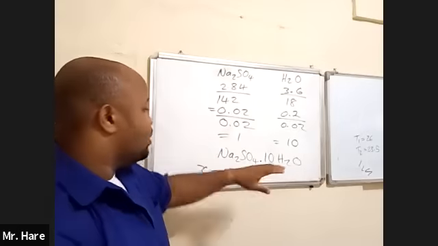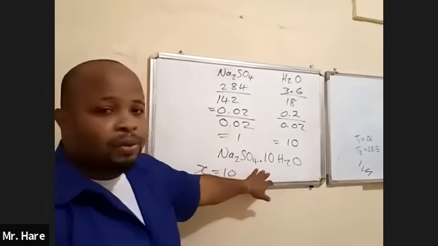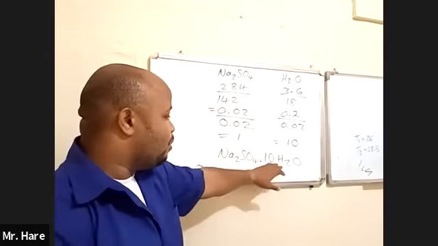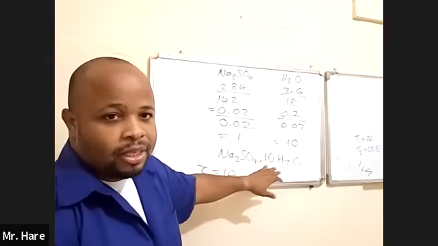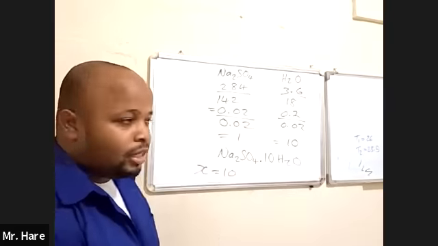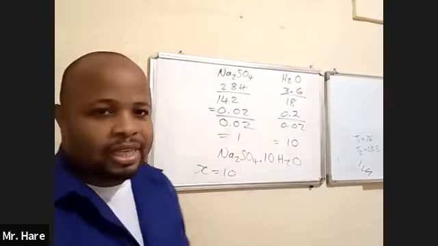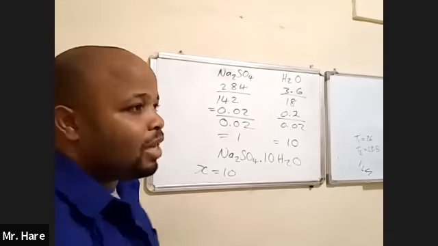All right. So remember we said we're doing two types of gravimetry. This was one of them, where you determine the number of moles of water present in a salt. The next one is where we analyze a sample for a specific analyte.